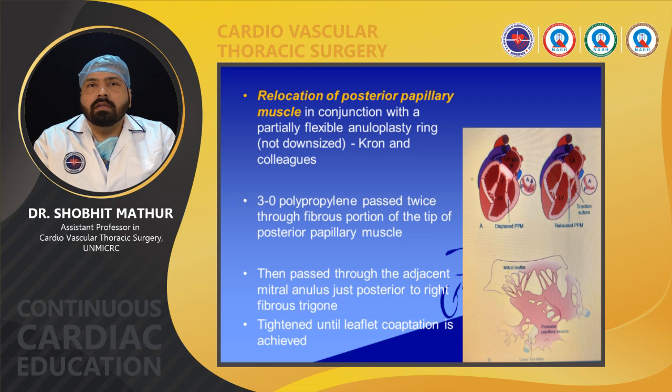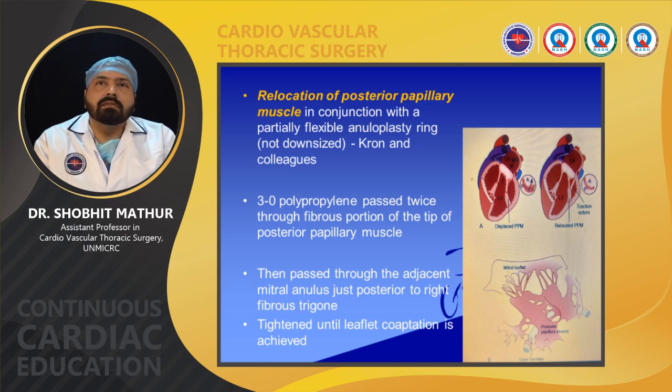That is called relocation of the posterior papillary muscle. How it is done is basically a 3-0 polypropylene suture is passed twice through the fibrous portion of the tip of the posterior papillary muscle, and after passing it through the tip of the papillary muscle, the suture is passed through the adjacent annulus and is tightened until leaflet coaptation is achieved.